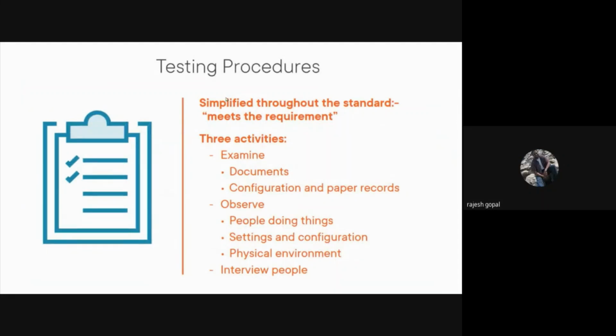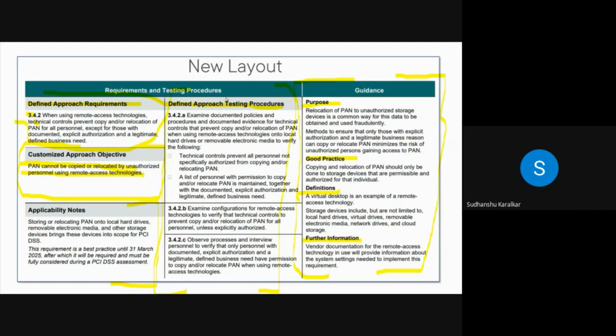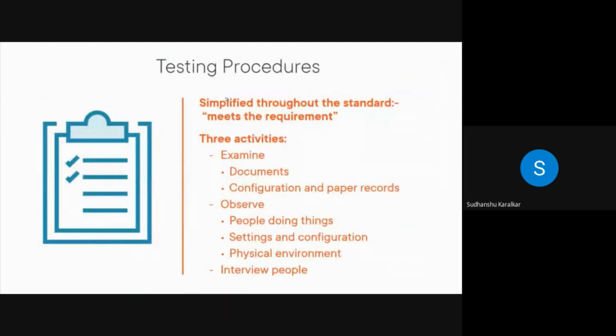When you talk about testing procedures over here, they are broken into three main activities. Either you examine the documents, configuration and paper records, as you do in your audit.